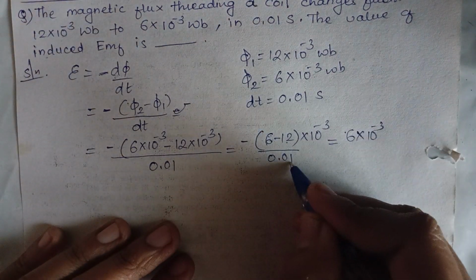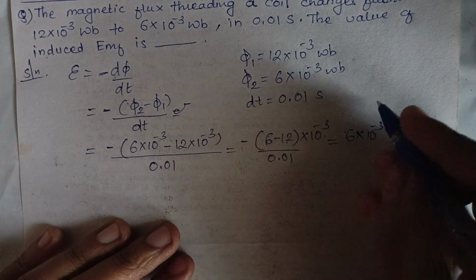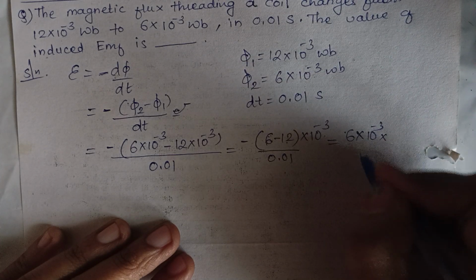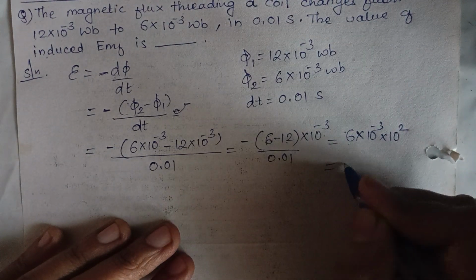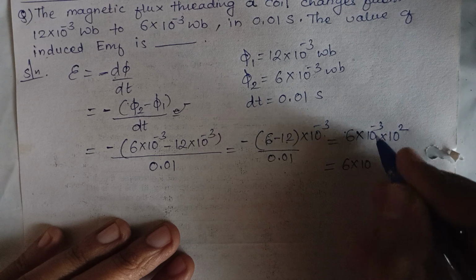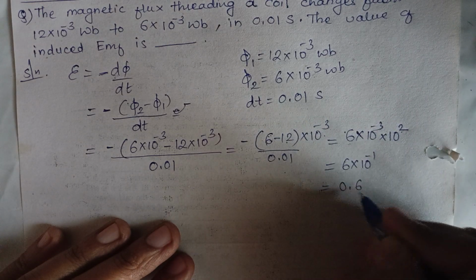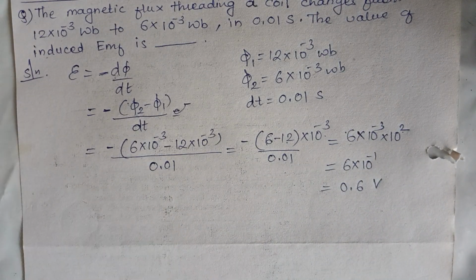And this is 0.01, so 1 upon 100, right? So 10 raised to 2. So 6 into 10 raised to minus 3 plus 2 is minus 1. So this is 0.6 volt.